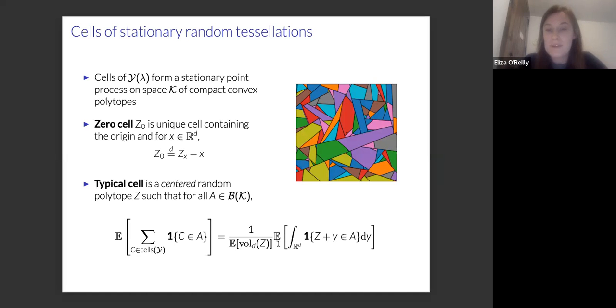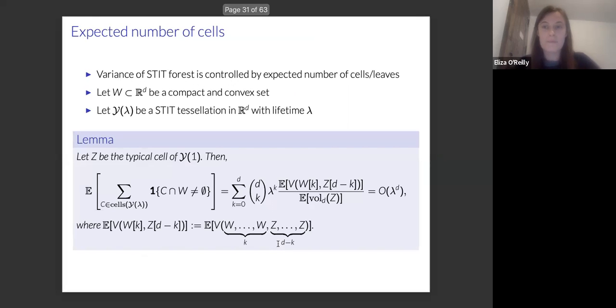But this particular formula is very powerful and very useful. In particular, something that will come up very soon when we go back to studying these STIT random forests is that the variance of a STIT random forest is controlled by the expected number of cells in this partition of the compact window where your data is contained.